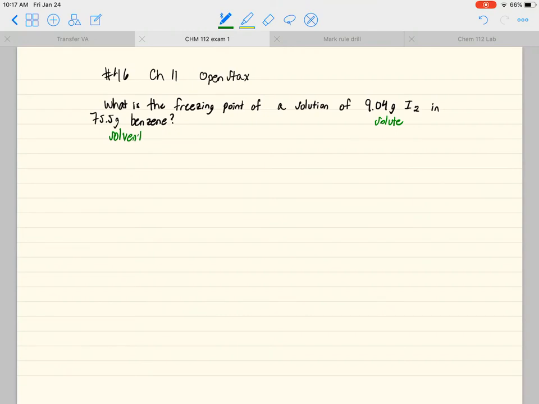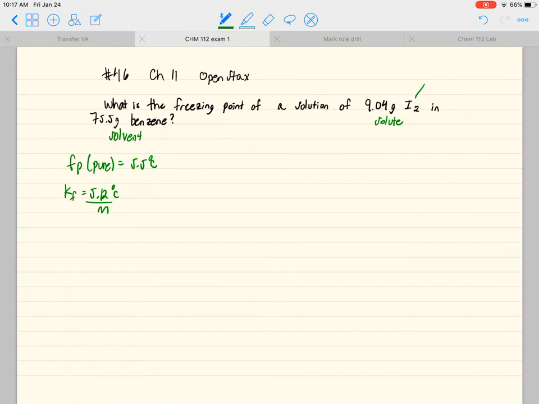So we do a little bit of research on benzene in the table. We find out that the freezing point of pure benzene is equal to 5.5 degrees Celsius, and the molal freezing point depression constant, or Kf, is equal to 5.12 degrees Celsius per molality.